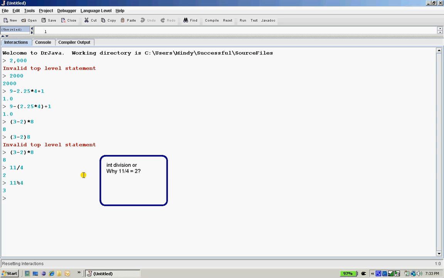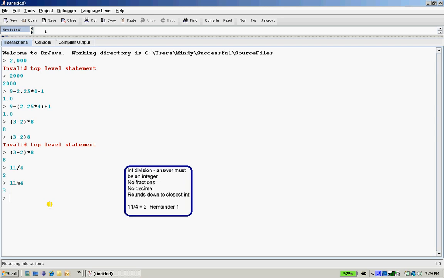is 3. So when you're doing this integer division, you have to be very careful that you get the answer that you expect. Your integer division answer has to be an integer. There will be no fractions, no decimals, and the answer will be rounded down to the closest integer.